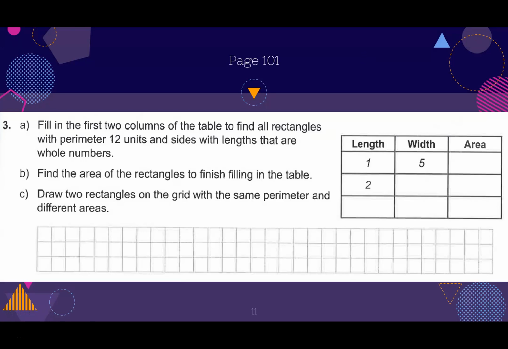Question 3 says, fill in the first 2 columns of the table to find all rectangles with perimeter 12 units and sides with lengths that are whole numbers.